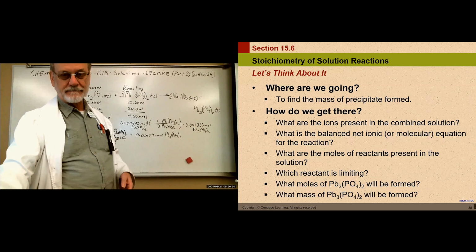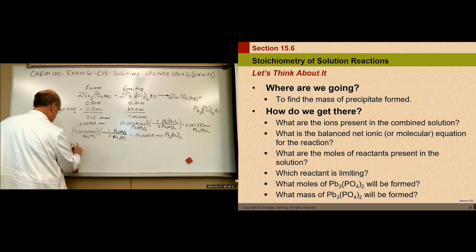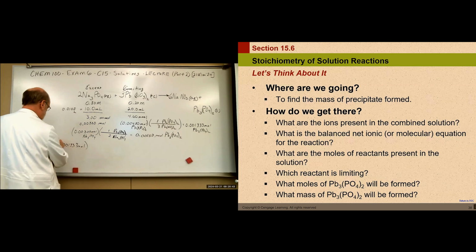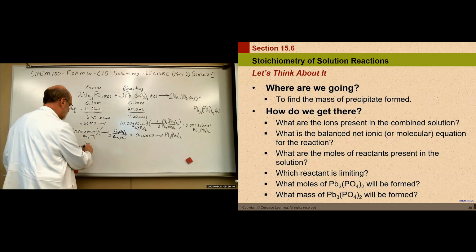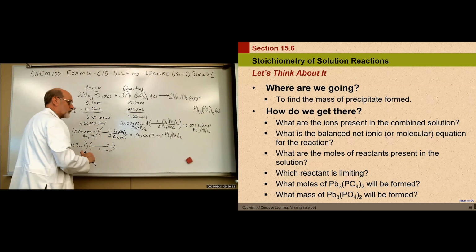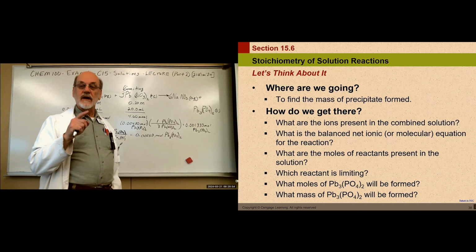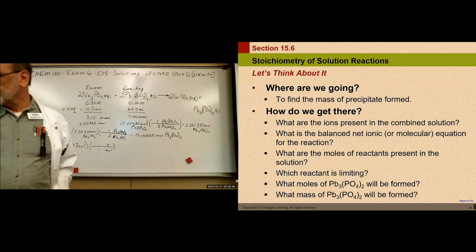So if we take that value, let's put it down here: 0.00133 moles of lead-2 phosphate. Then we need to cancel the moles and leave us with grams. So we need to know the molar mass of lead-2 phosphate.